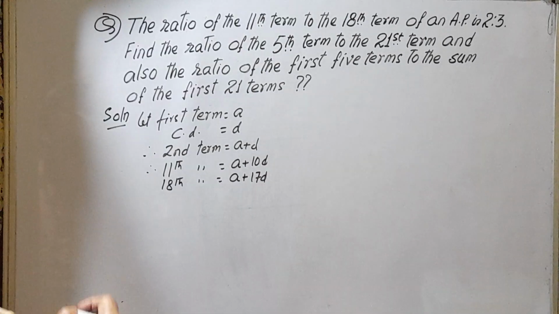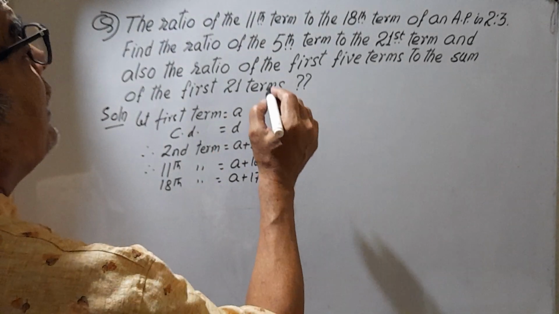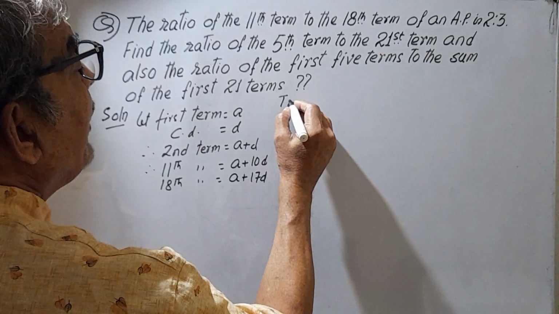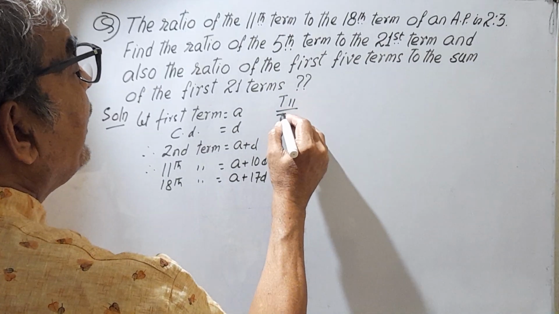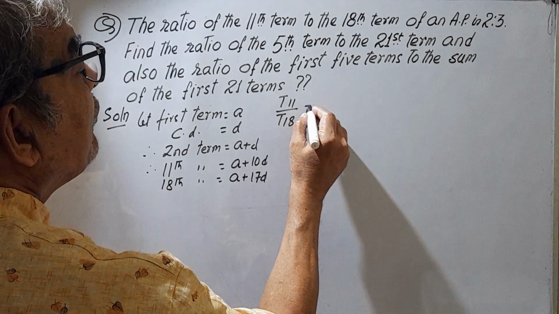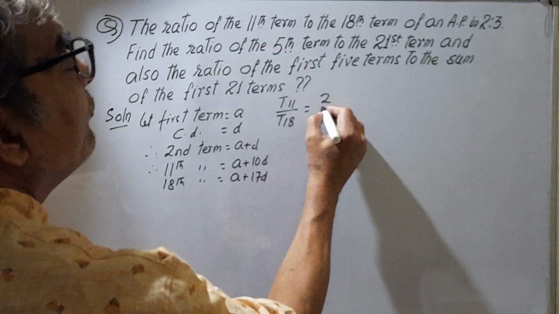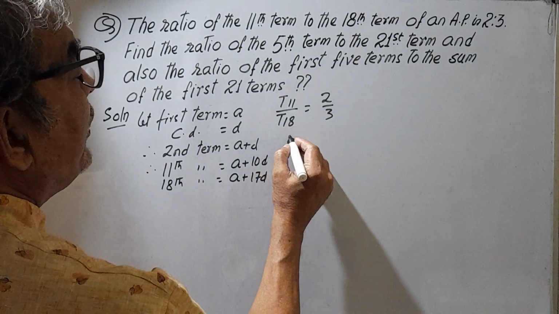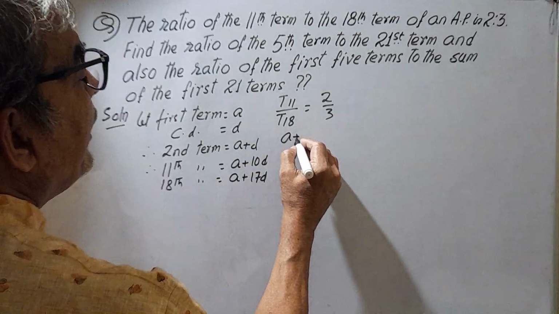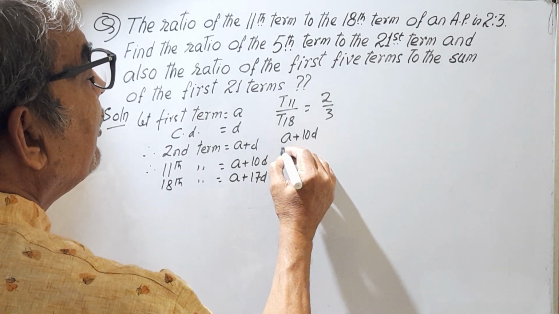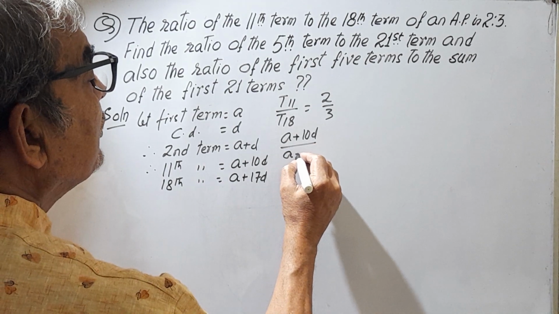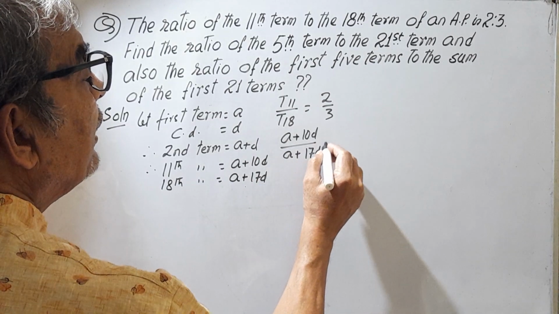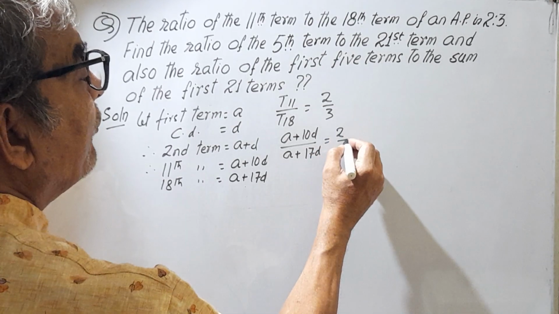Now you see, according to the conditions, 11th term T11 by T18 equal to 2:3. Now T11 is A plus 10D, by A plus 17D, equal to 2:3.